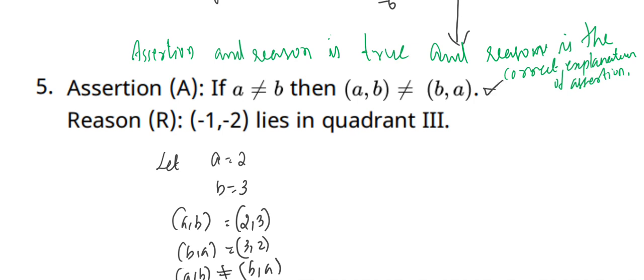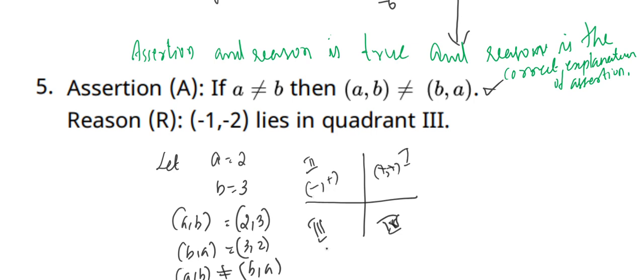So that's true. And next, the reason: (-1, -2) lies in quadrant 3. So you can see the first quadrant, the second quadrant, third quadrant, and the fourth quadrant. In the first quadrant, all are positive, and in the second quadrant, abscissa is negative and ordinate is positive.